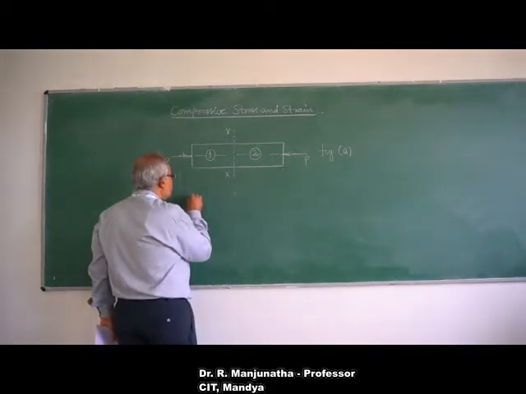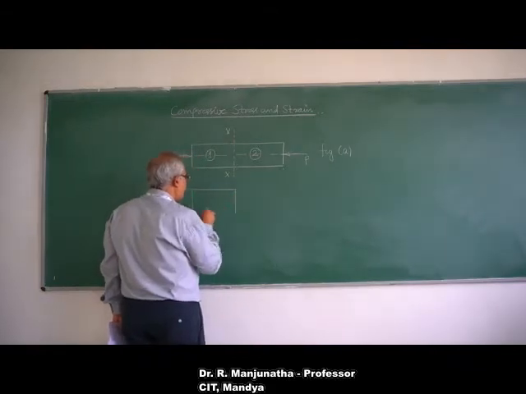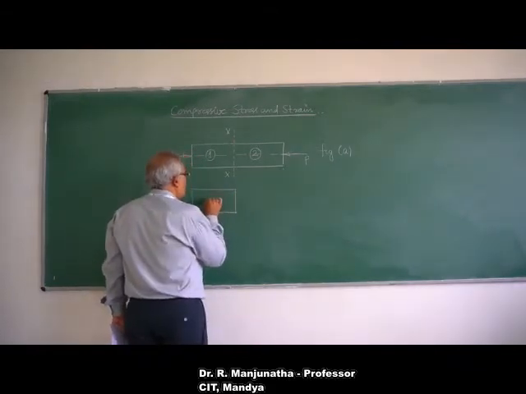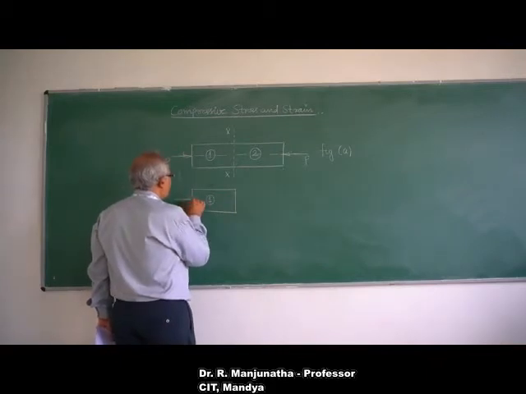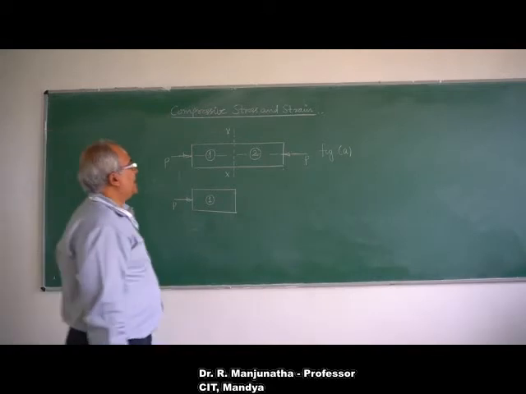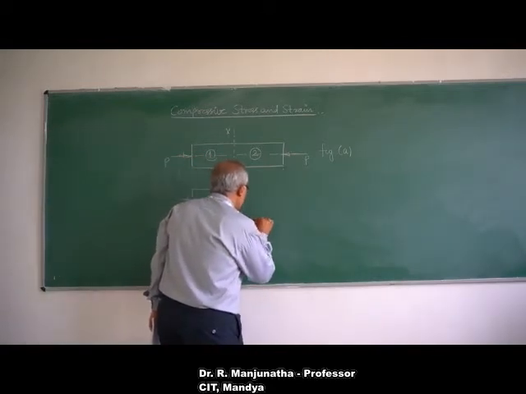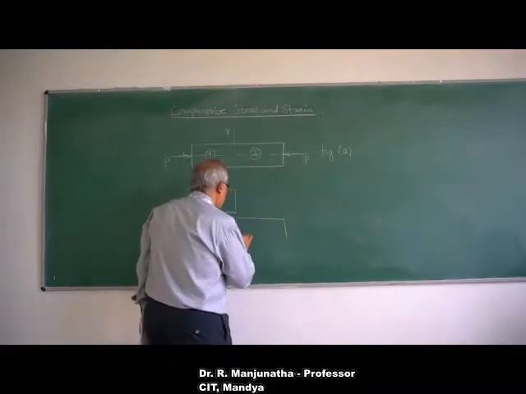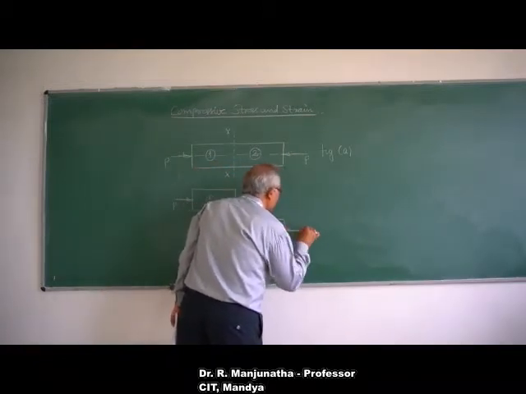One member is member 1, where the load is applied in this direction, which is P. Similarly, we have another body, member 2, where the compressive load capital P is applied in this direction.